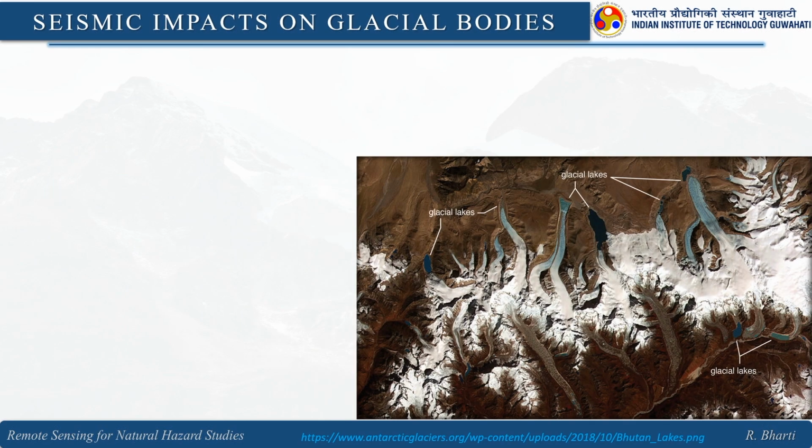So, we have seen the example for the glacial bodies, how they behave during the earthquake for a particular event, and how remote sensing data sets are used in estimating their vertical or horizontal displacement, right. But when we talk about the glacial lakes, how they behave, that we will try to understand here.